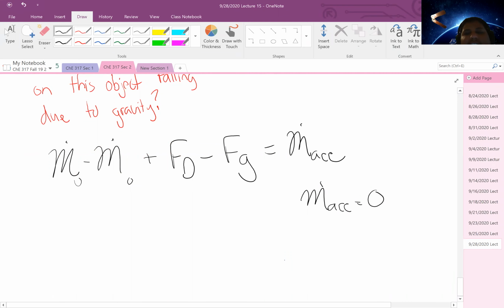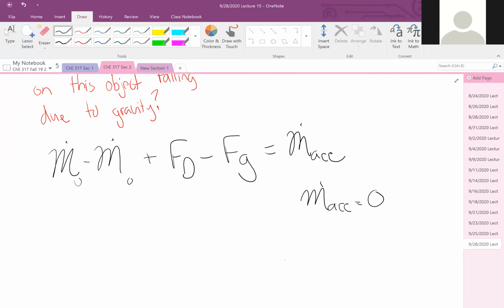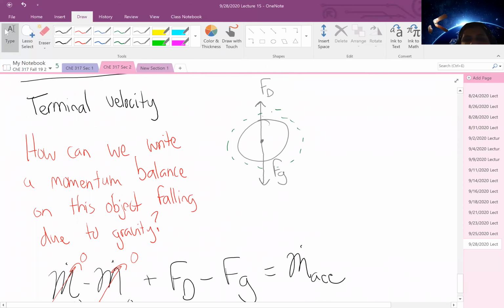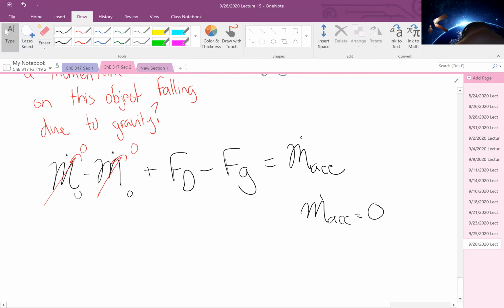I'm going to hold off on canceling it out because it makes some of my calculations easier here in a second. But you are right in that there is no accumulation of momentum. I would also say that there isn't any momentum in or out because I don't have any flow in or out of my system, that being the object.